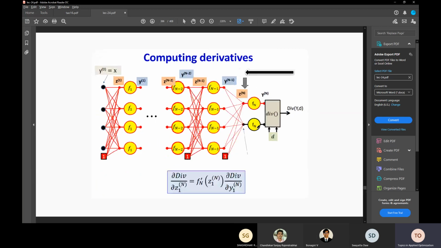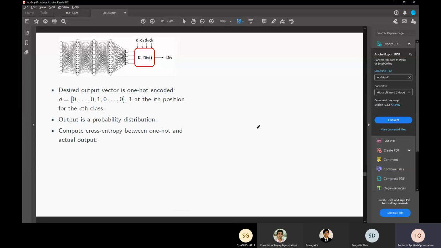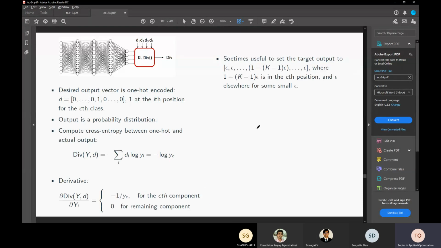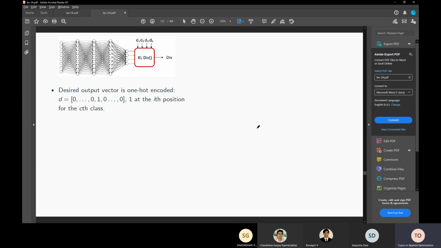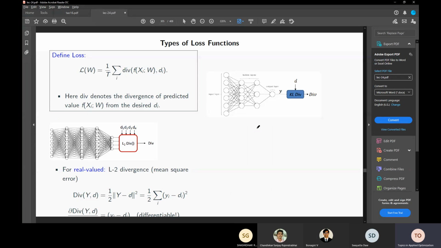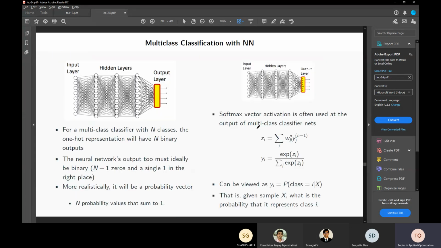We have discussed this. Let us see, I think softmax is before this one. Yes, you will see that the softmax is defined in this way. This is the vector activation function.